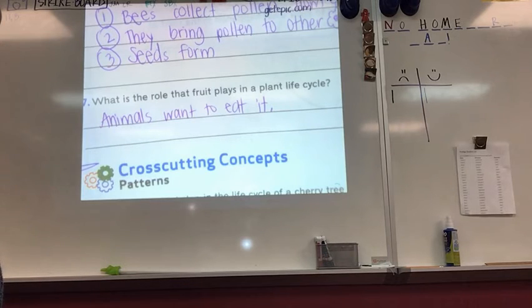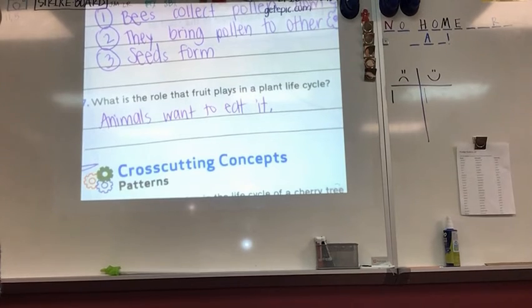And then also think about if there were just seeds in the flowers and the flowers never turned to cherries wrapped around that seed, what would probably happen? I think if it didn't have any fruit, animals couldn't eat it like we said.